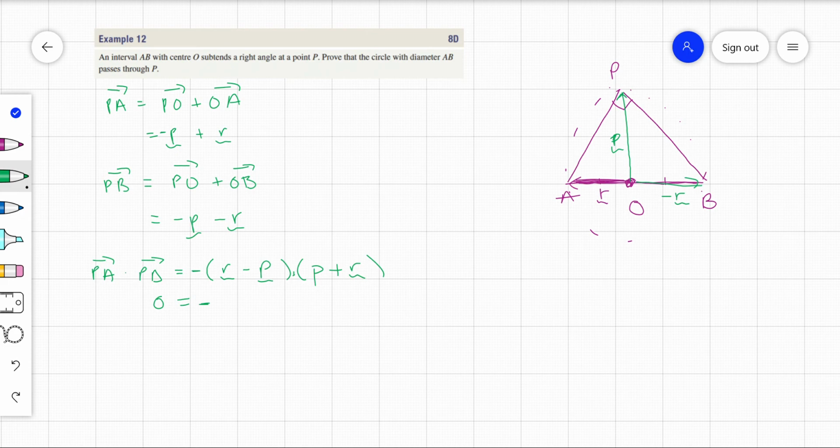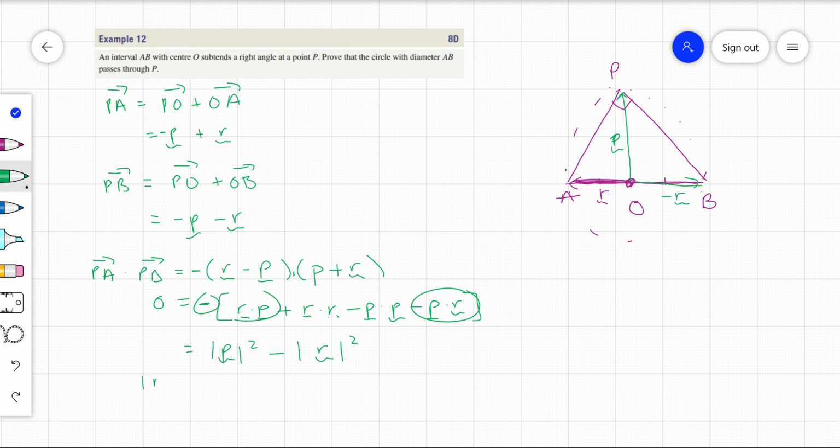So we get R dot P plus R dot R minus P dot P minus P dot R. Hopefully something cancels there. So R dot P cancels with minus P dot R. Now putting this minus through, instead of negative P dot P we get, and P dot P we know is that, then minus the R dot R, which is that. And that has to equal 0.